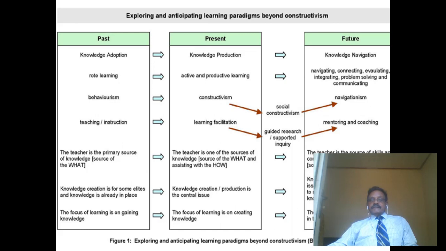So knowledge is an ocean. Of course, the same thing was also expressed by the English poet Tennyson. In one of his poems, he says, follow knowledge like a sinking star beyond the utmost bounds of human thought.